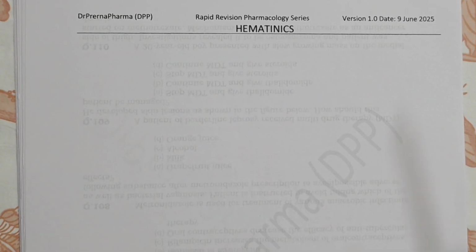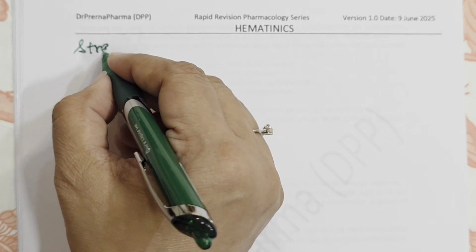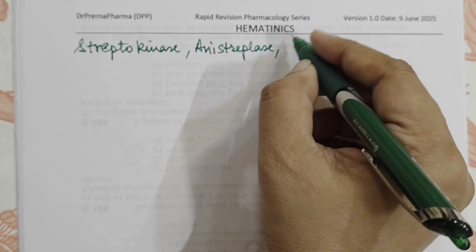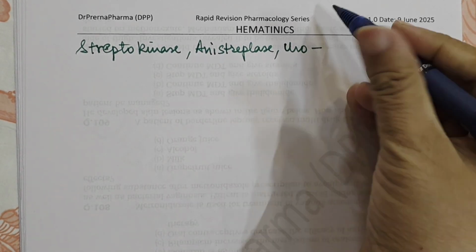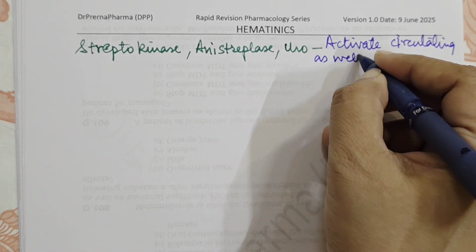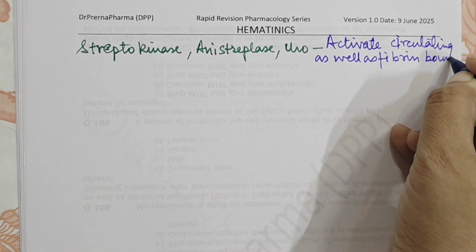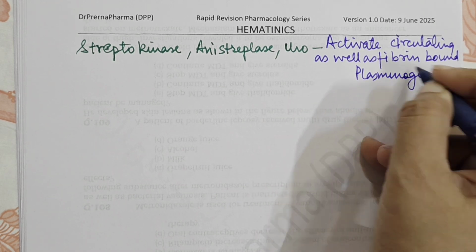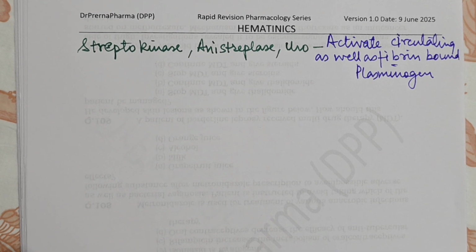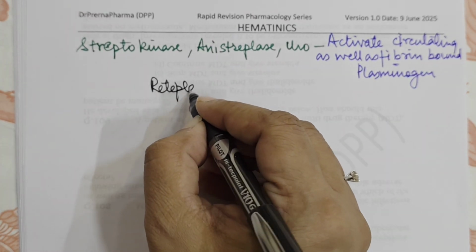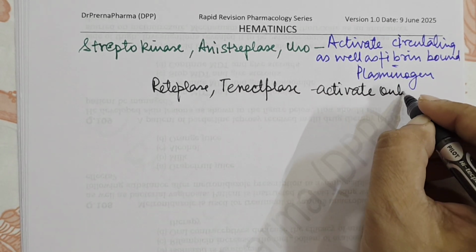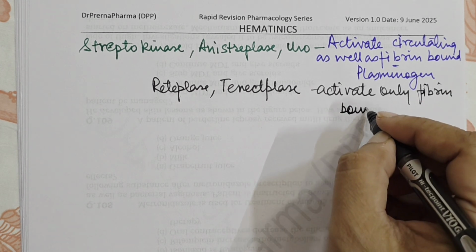Next thing about fibrinolytics: streptokinase, anistreplase and urokinase can activate circulating as well as fibrin bound plasminogen, while reteplase and tenecteplase can activate only fibrin bound plasminogen.